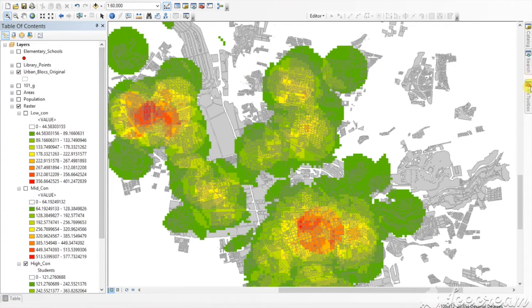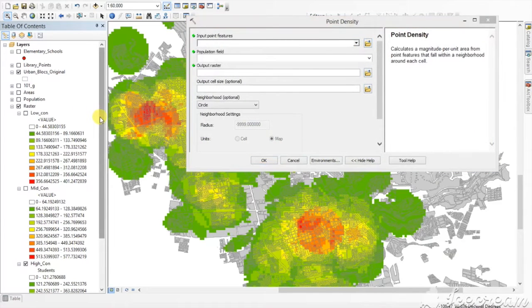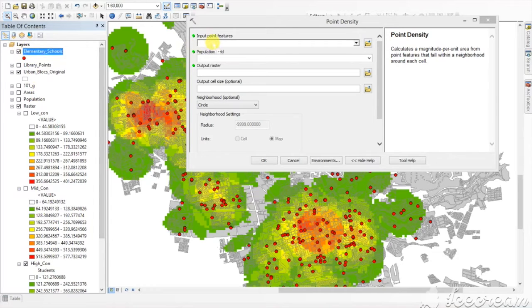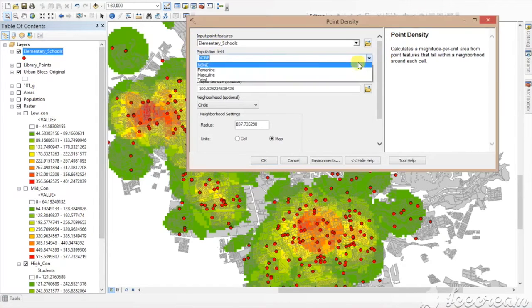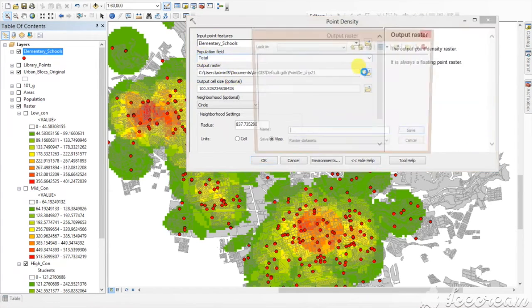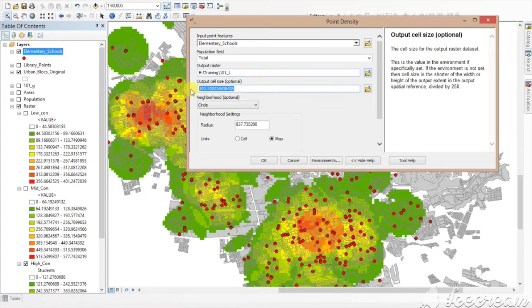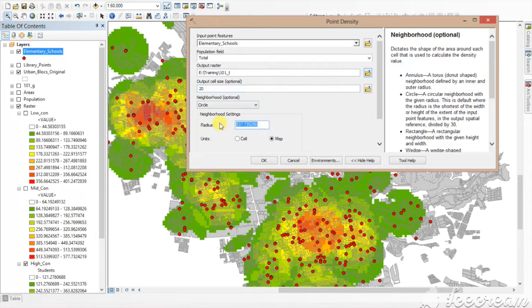Let's do another example of this one so it's clearer. Let's do a really high concentration, okay? We want to see high values of concentration, but let's see what happens first. Again, the population is the total, and let's name it 101T. And let's put a really small cell size, 20 meters, and a small radius, 500 meters.